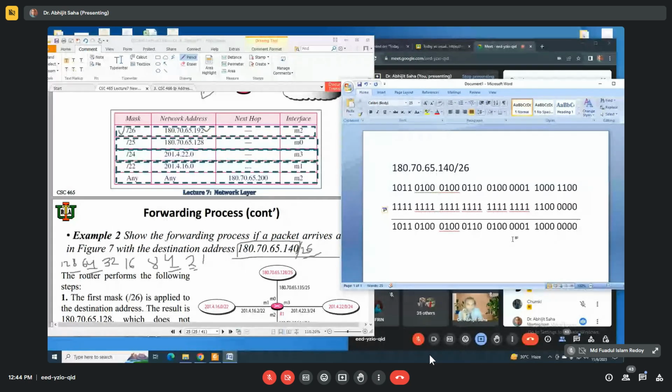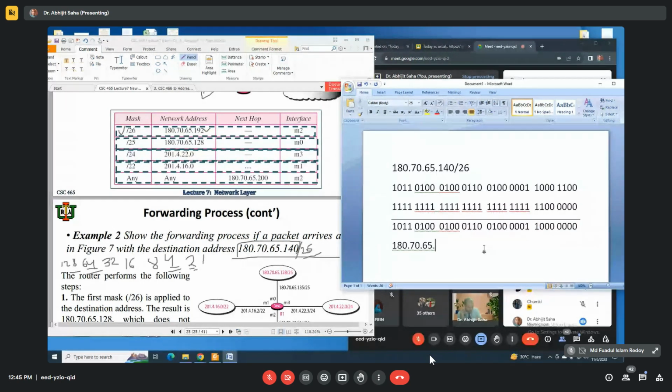0 0 0, and then 0 0 0 0 0. So this is the AND operation we have done. You can see that whatever you had up to this on the top, you have the same result. Okay, so now if I convert it to decimal, you know that it is 180.70.65, and you have here only one, right?